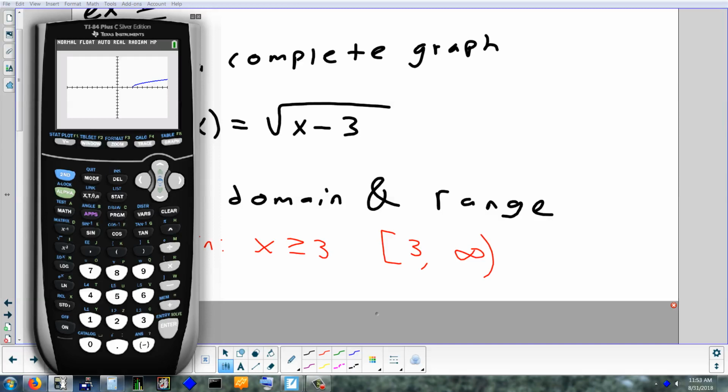And how high do you think that graph is going to go? Well, let me go further to the right. Remember, it's not how high does it go on our screen. It's how high would it go if you could see it forever. So how high do you think it's going to go now?